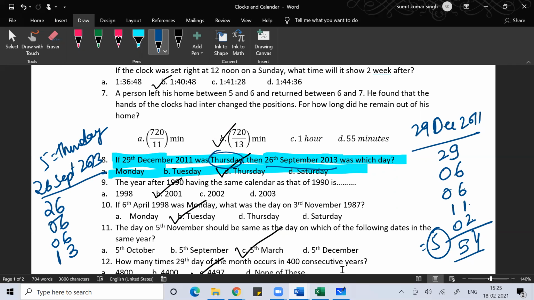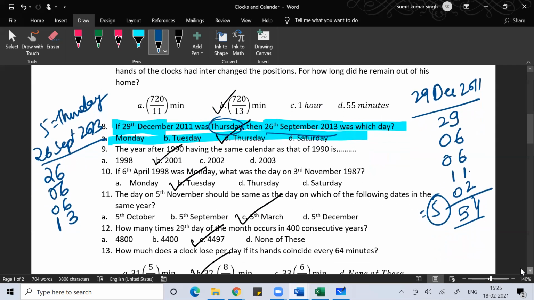How many leap years came? 3 leap years came: 2004, 2008, 2012. Do the sum. Sum is 18. 18 plus 6 is 24, 2 carry, 2, 4, 5. So again 54, you can see again 5. So if this was Thursday, then this is also Thursday.